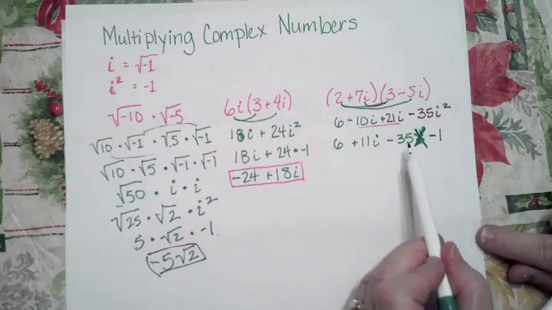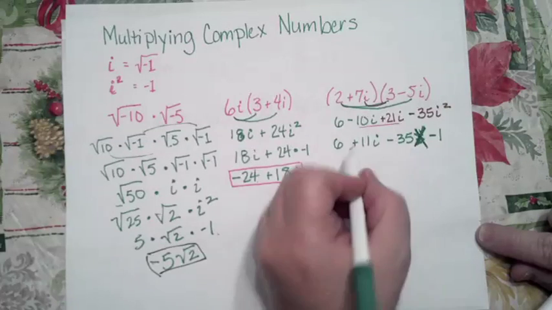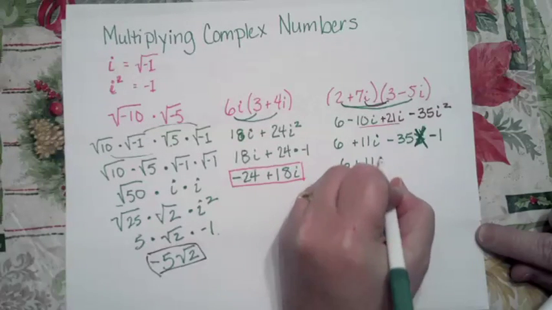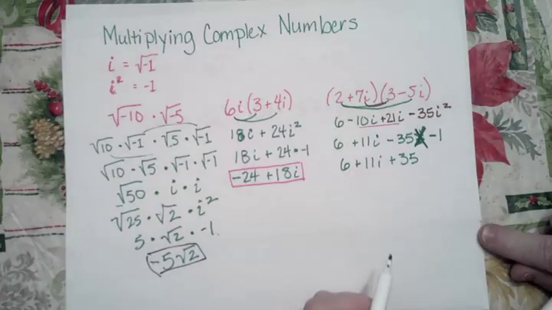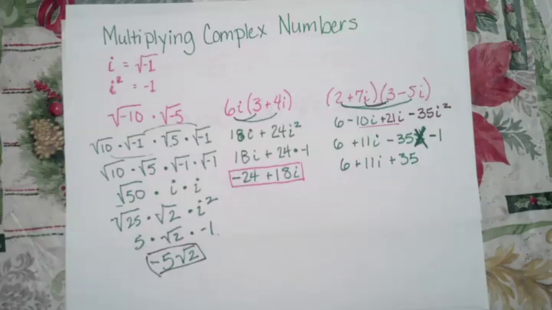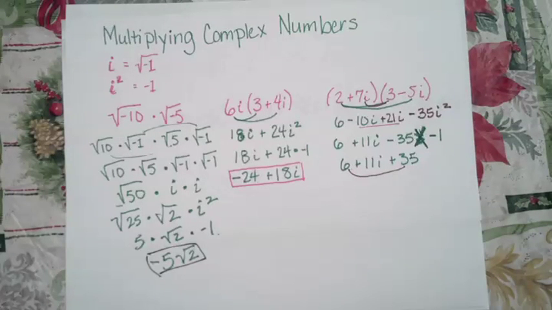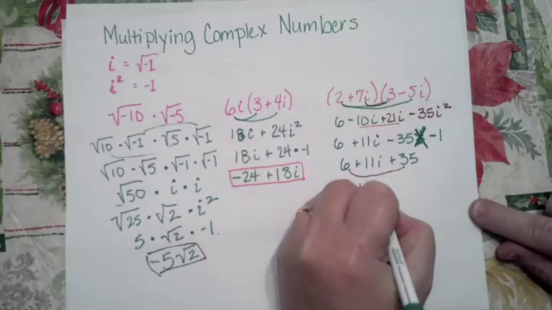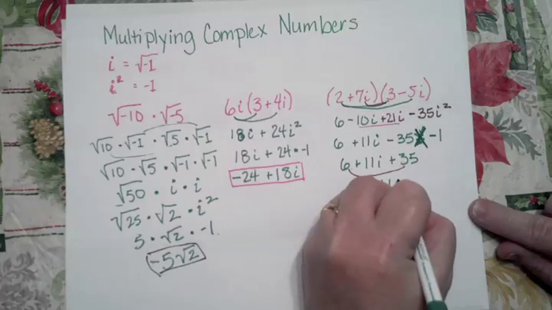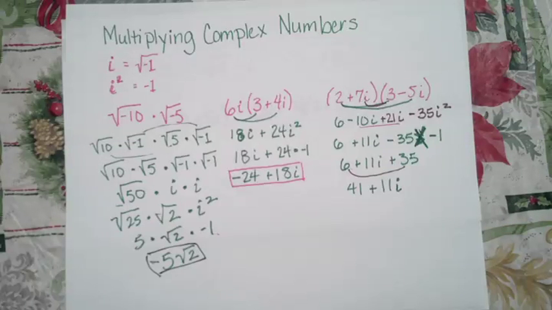Okay? Well, negative 35 times negative 1 is positive 35. And it looks like this. And hopefully you are seeing that you can do another simplification. These are now both real numbers. So I can add them together, and what I end up with at the end is 41 plus 11i. And once again, it looks a lot more real than it did when we started.